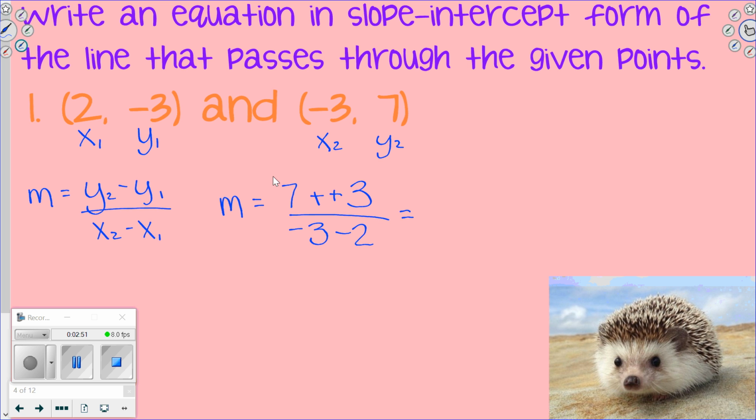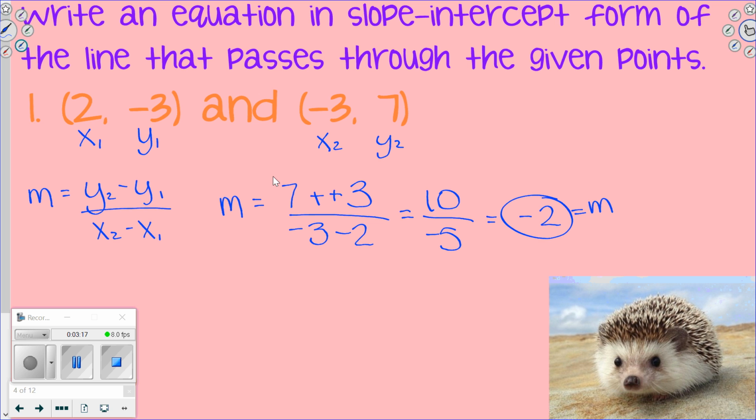Grading that last test, some of us still missed every single one of these. All right, so on the top, 7 plus 3 is 10. On the bottom, negative 3 minus 2, negative 5. And 10 over negative 5 is just negative 2. So that's your slope. If you left it negative 2 over 1, that's fine, but just simplify it as negative 2.